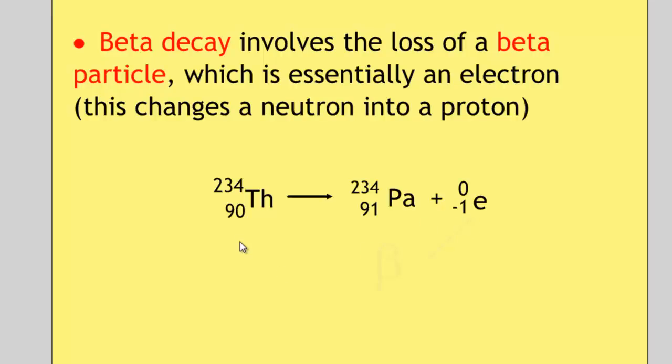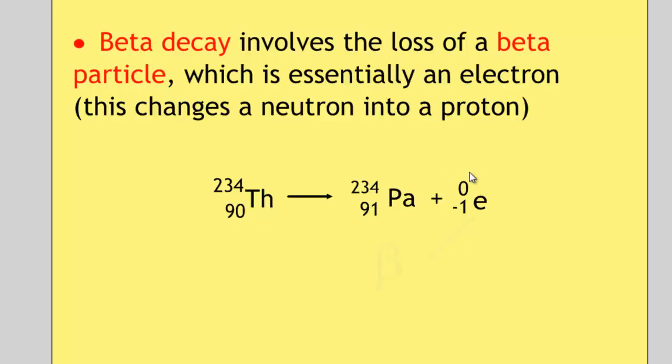So that means that if we have 90 over here, this is a thorium atom, and if we've got a 90 over here on the left-hand side, and we get a -1 over here, that actually changes the atomic number. So basically, again, it's a transmutation, just like alpha decay is, but instead of going down by 2, in this case, it goes up by 1. Okay, so 91 plus a -1 still gives us 90.